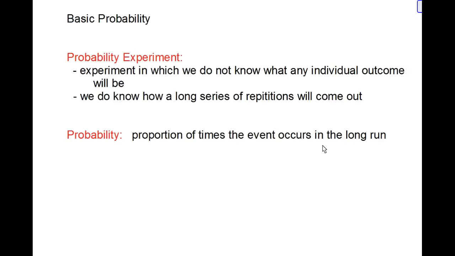So for example, the probability of getting a head when you're flipping a coin is going to be 1/2, while the probability of getting a tail is also 1/2. Part of that is because you have two possible outcomes, head or tail, and there's only one way that you can get a head out of the two possible outcomes, and there's one way that you can get a tail out of the two possible outcomes.